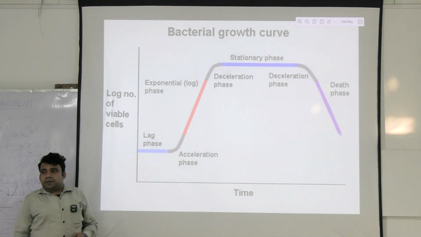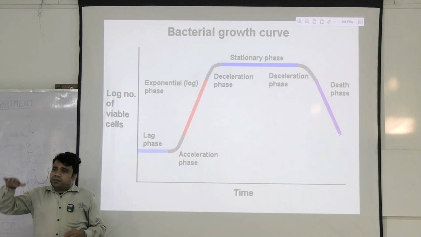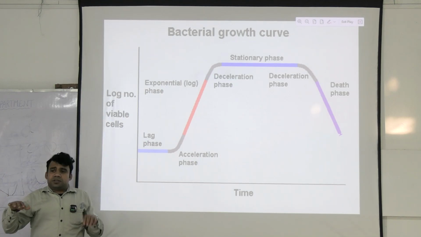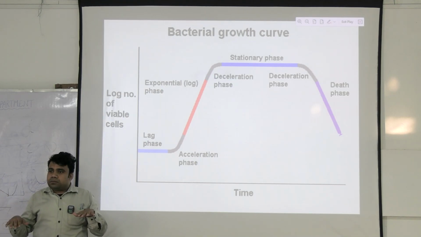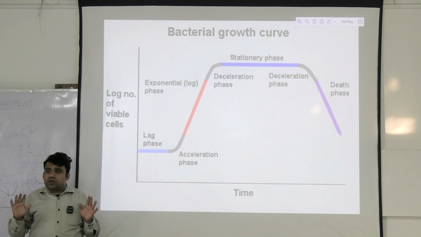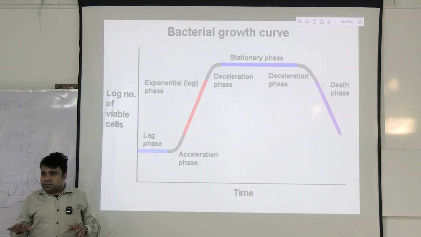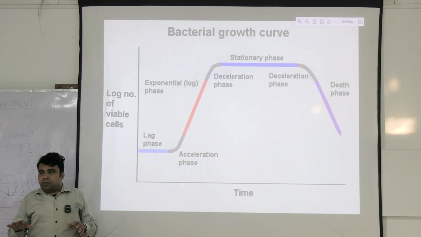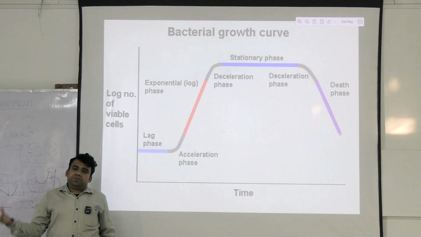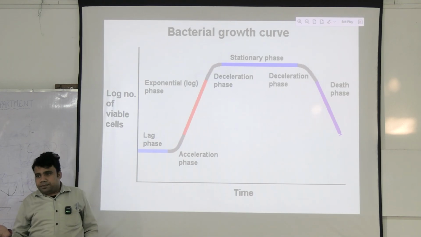Thereafter, what happens? The number of bacteria reaches such an optimum level that the nutrition now becomes restricted. So all these bacteria will slow down their replication. Simultaneously, some previous bacteria will start to die.